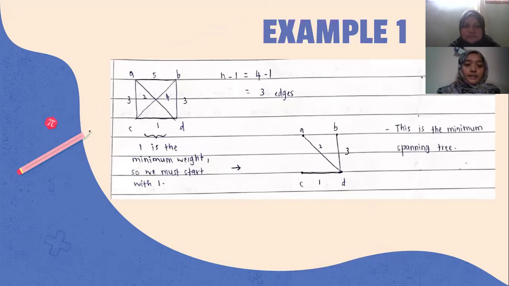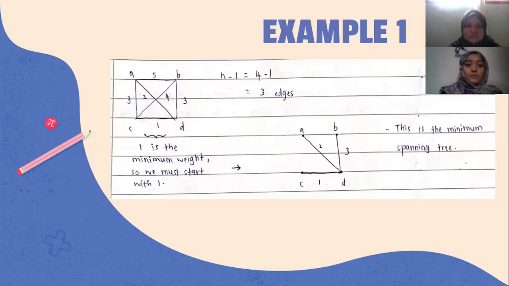Right here we have 4 vertices. So n minus 1, where n is 4, equals 4 minus 1 equals 3. So the minimum number of edges should be only 3. As 1 is the minimum weight, we should start to construct our spanning tree with 1.